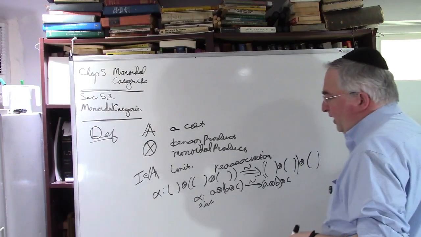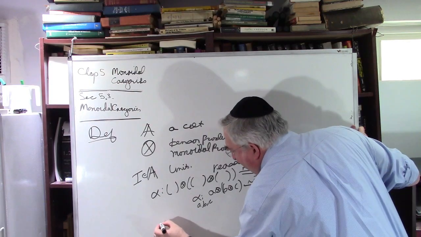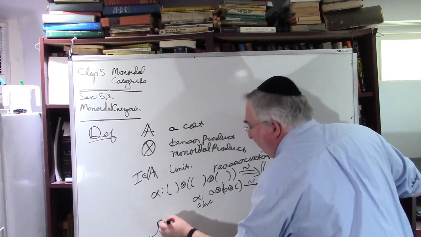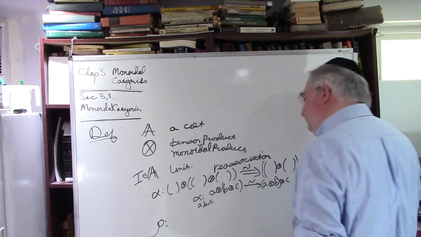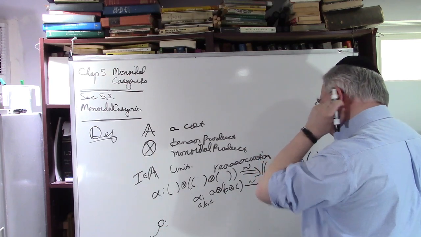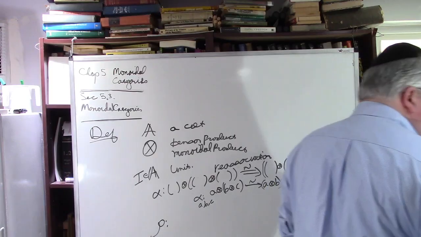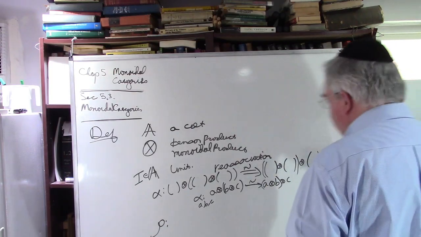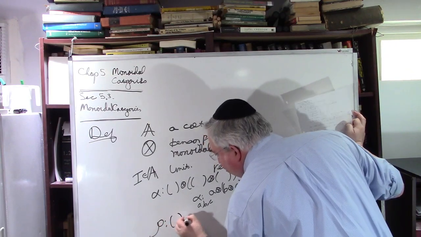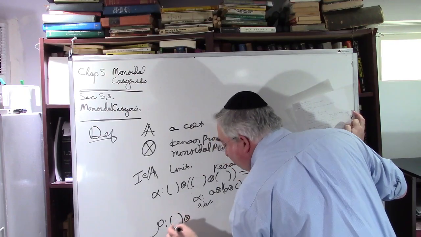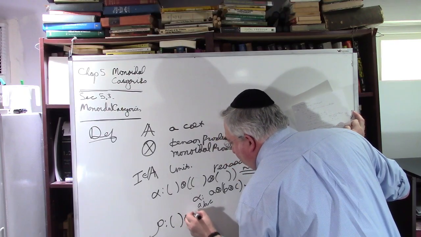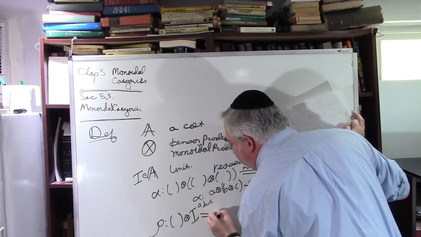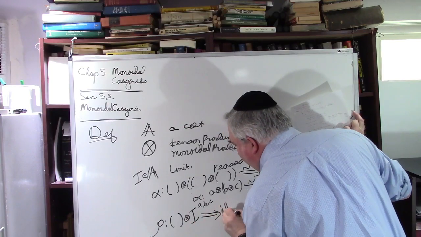Besides that, you have a left unitor. I always forget which way it goes. Hold on. So that goes from something tensor identity to the identity on A.